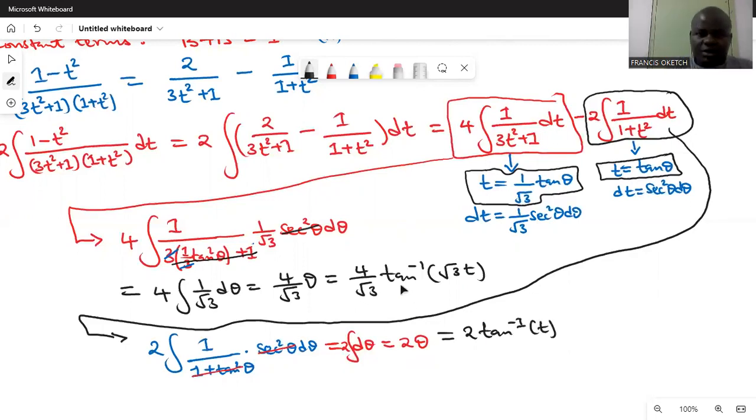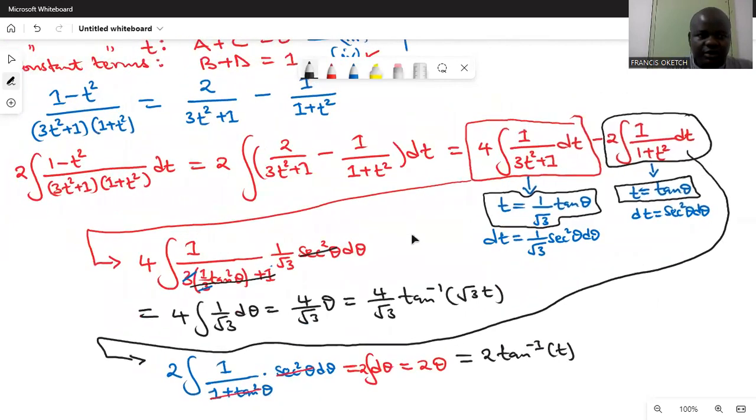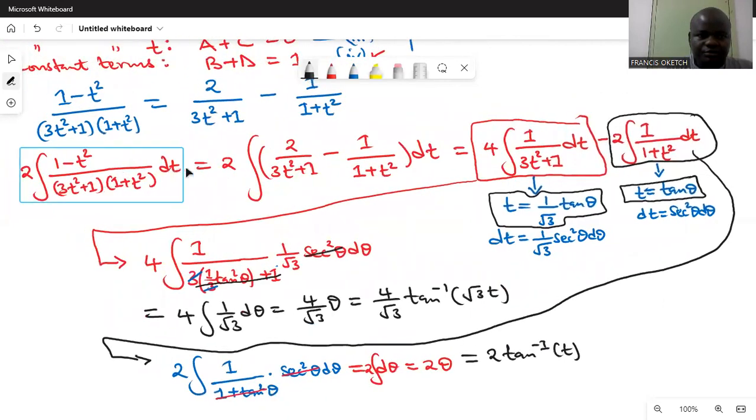So now we know the solution for this integral. This is what you are integrating, and we decomposed and found those 2 integrals, which we have now found their solutions.